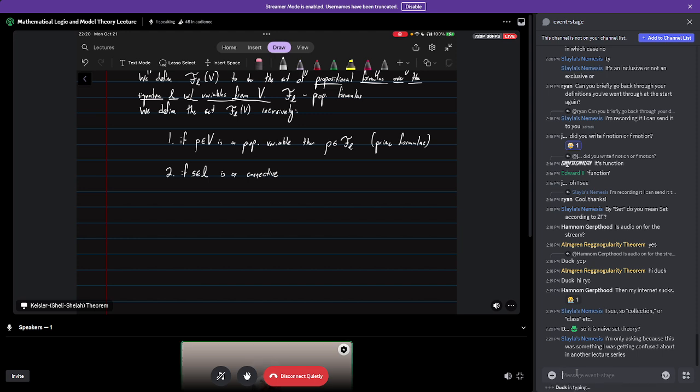If S in L is a connective and phi1 through phi n are formulas, then S phi1 ... phi n, which is a string, where I've taken S and concatenated it with the rest of the strings, is also a formula.